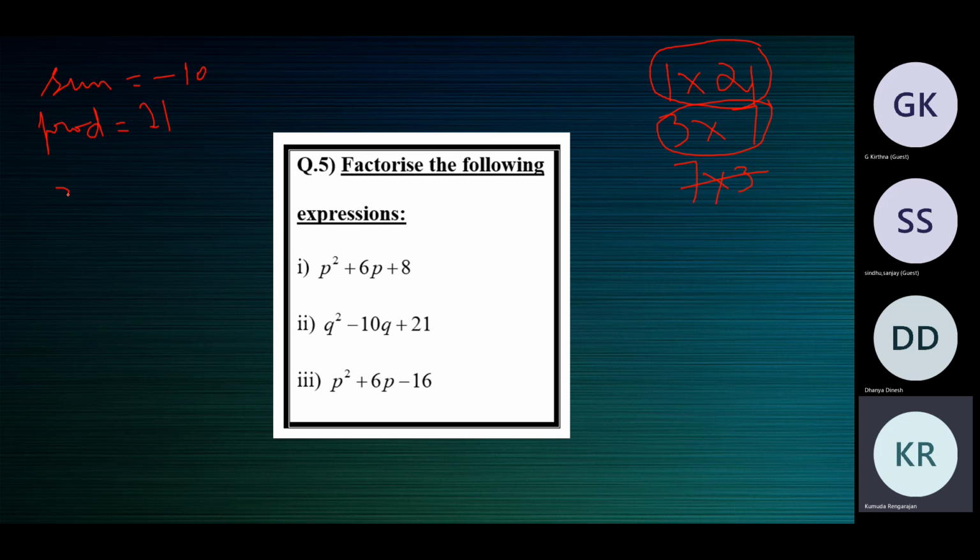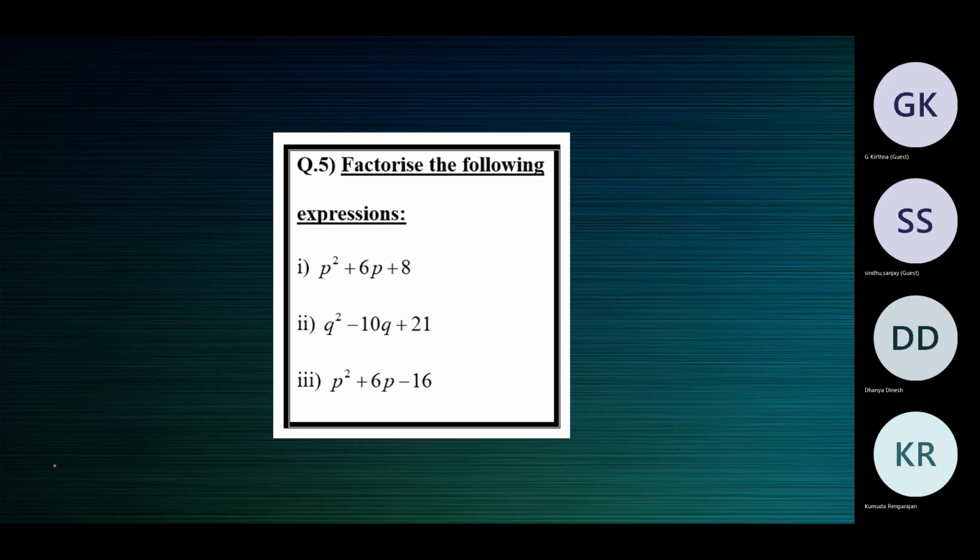Once you get the numbers, fix the signs. The sum is minus 10, so it should be minus 3 minus 7 to get minus 10. Got the two numbers, children? Minus 3 minus 7. Yes, ma'am.